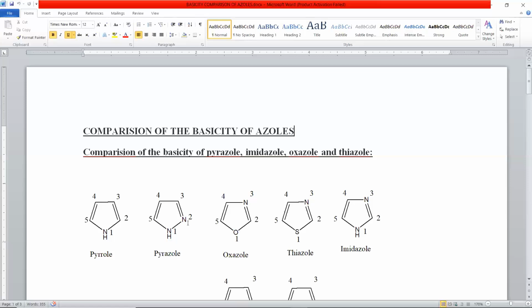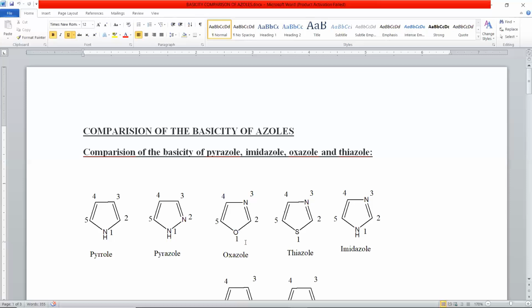This nitrogen undergoes sp2 hybridization, and two sp2 hybrid orbitals are involved in bonding with the nitrogen on this side and carbon on this side, and the third hybrid orbital is not involved in bonding, and it contains one lone pair. So this lone pair of electrons present on N2 is in an sp2 hybrid orbital, whereas the lone pair of electrons present on NH is in a p orbital and involved in the aromatic sextet.